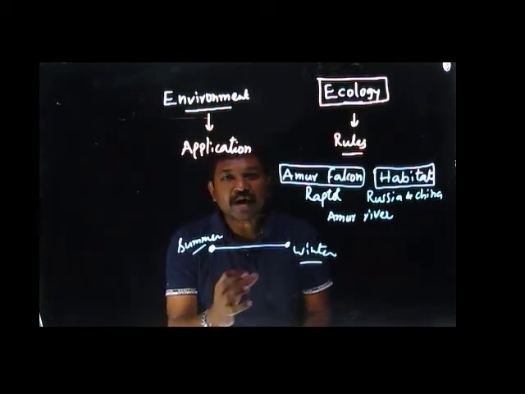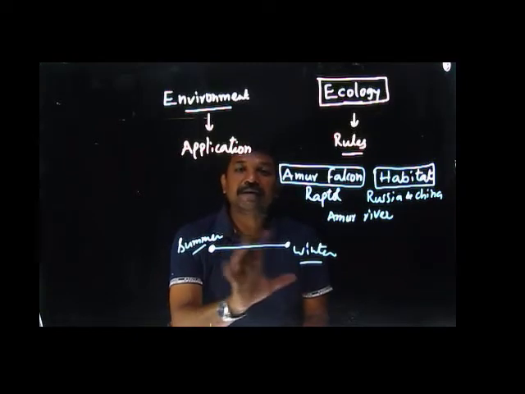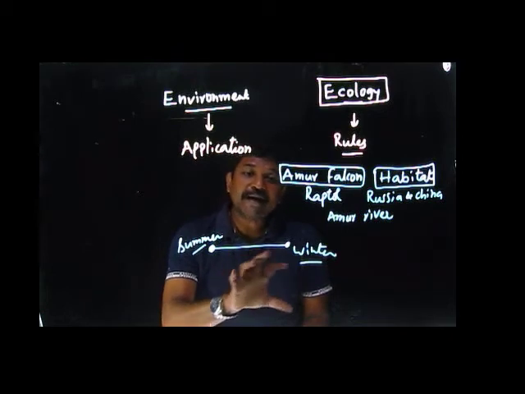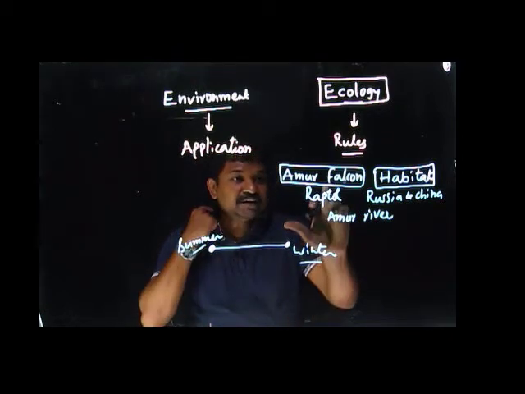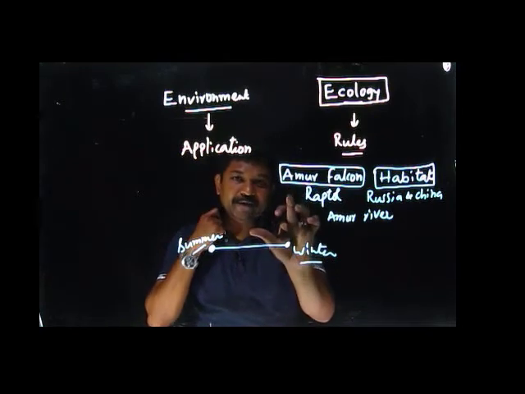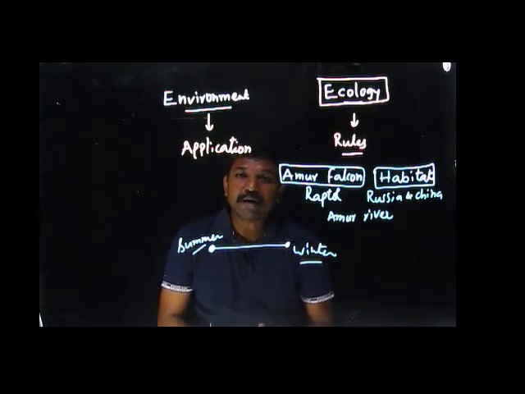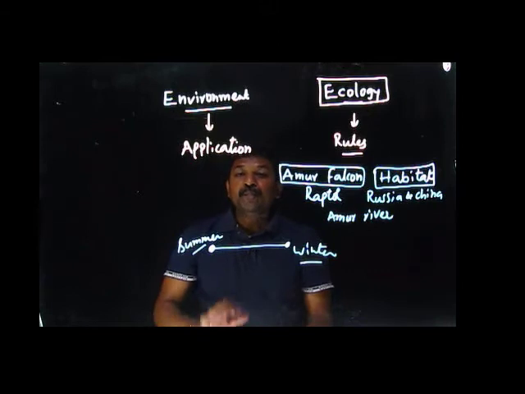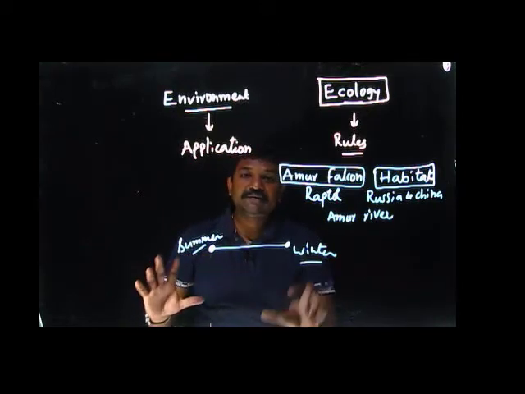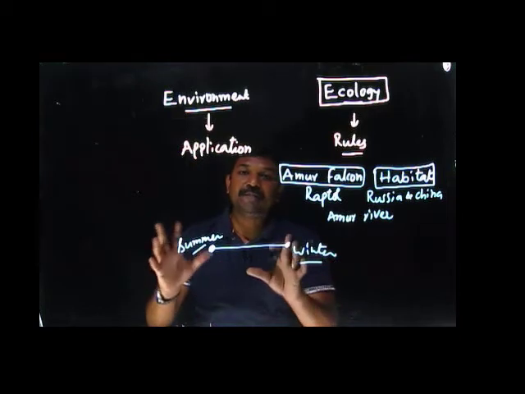The bird, or for that matter the species, has to adapt to the climatic conditions in order to survive. If it can't adapt, it can't survive. This bird also has to survive in this locality by adapting to both seasons. But most of the species can adapt to any one season, either winter or summer.